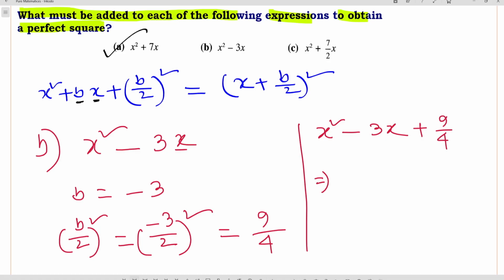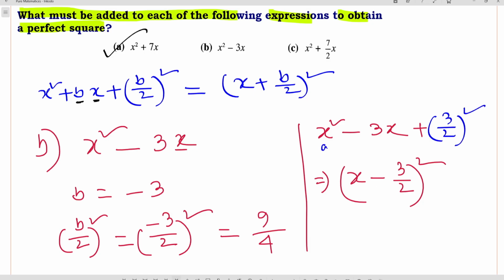If we write 9 by 4, it will be (x minus 3 by 2) whole square, right? Look at this here, (minus 3 by 2) square equals 9 by 4. It means again we can write here (x minus 3 by 2) whole square.